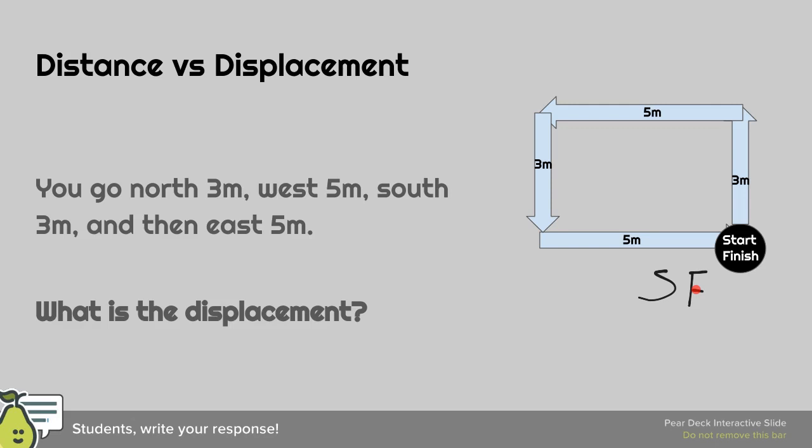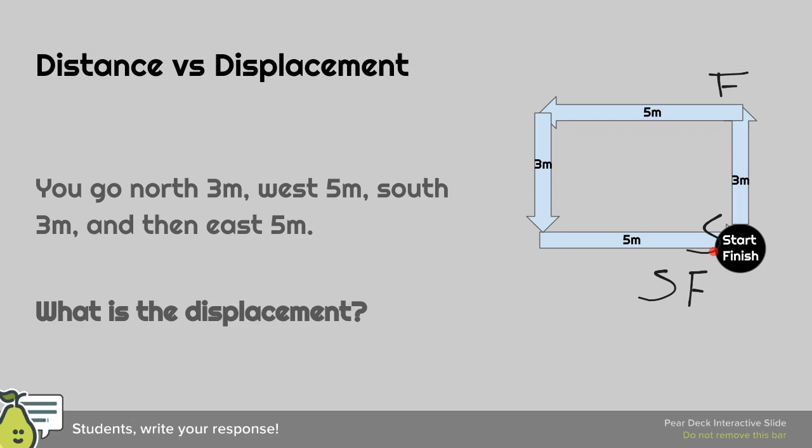All right, so if you came up with 0 displacement, you're correct. So when the displacement is 0, the start and finish are the same spot. But let's say that my finish is here and my start is here.